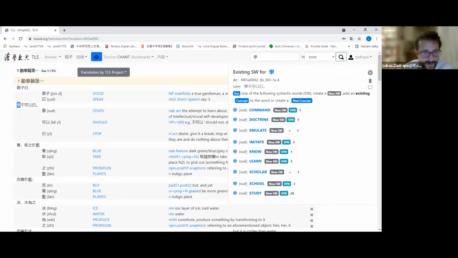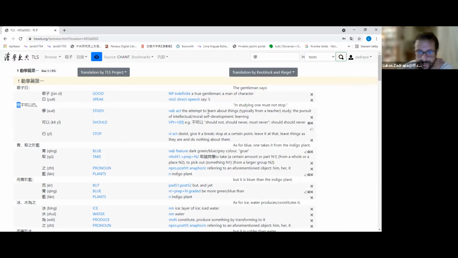studying or studies, which is this. Instead of verb we have this synonym group, which is a broadly lexical field, and here the precise syntactic category, which is this abstract noun, which is active. So it means this is an abstract noun which denotes an action, which is defined here as the attempt to learn about things.